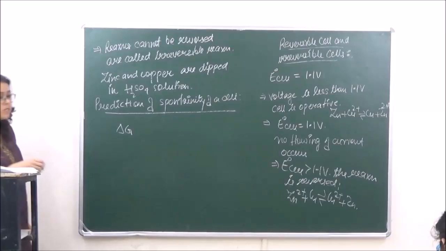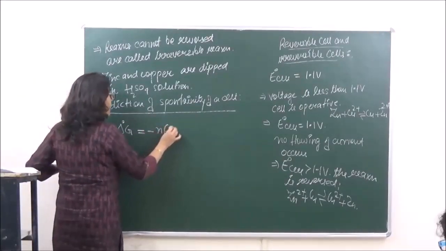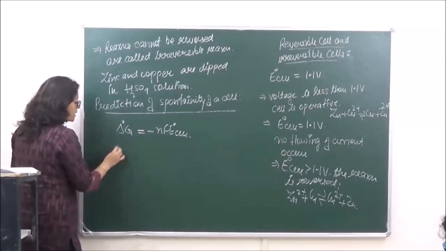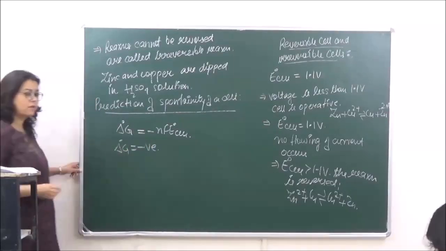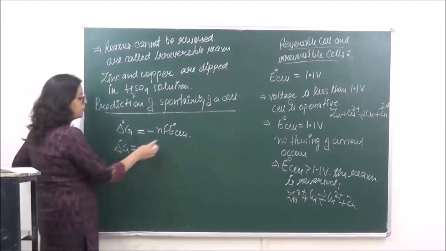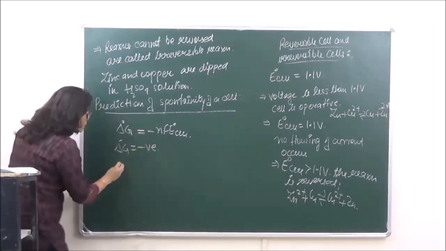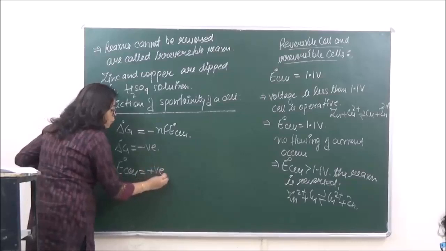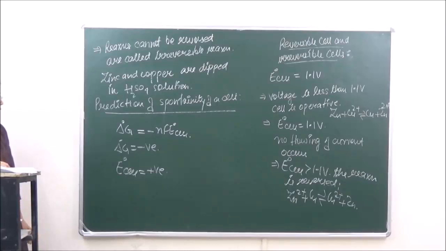So delta G is related to E naught cell as minus nF E naught cell. Any reaction will be spontaneous only if the value of delta G is negative, right? For such reactions to be negative, the value of E naught cell has to be positive. Only those reactions are going to be spontaneous for which the value of delta G naught is negative and the value of E naught cell is positive.